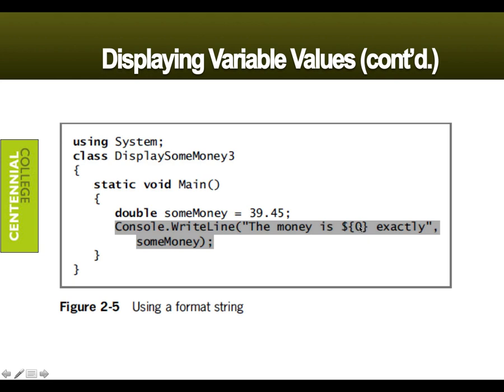The 0 in the middle is a notation that we use to say this is a placeholder where I want to take the value of some money and replace this little notation with it. All I'm doing is swapping it out. So as soon as I put that open curly brace, the 0, and the closed curly brace, that's telling the compiler to take the next available variable after the comma and put it in here.